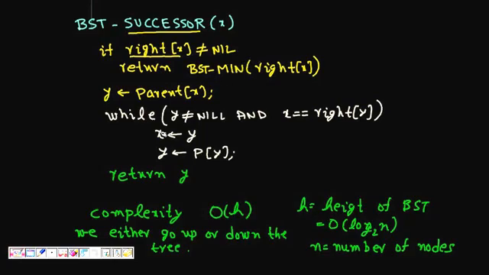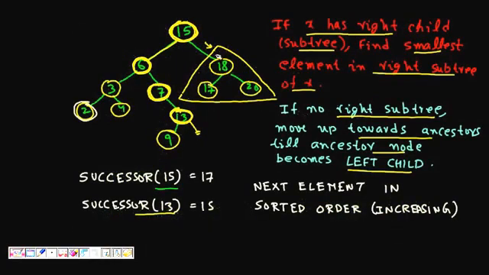Like here, if we want to find the successor of 6, 6 has a right subtree because 7 is the right child of it. So in this subtree I find the minimum value, which will be 7 itself.